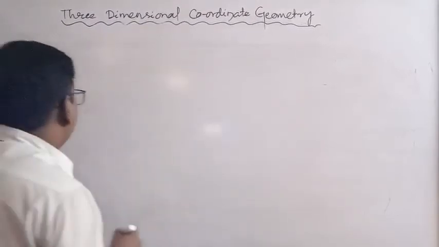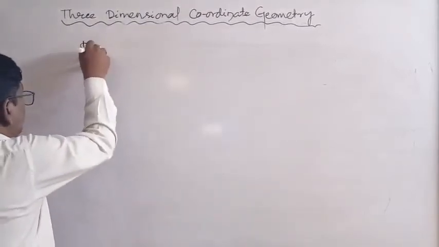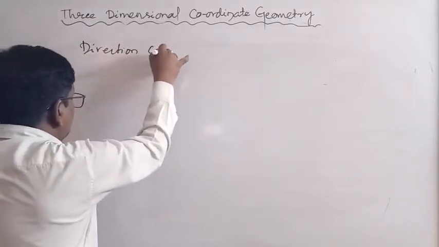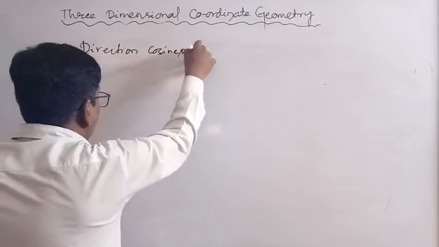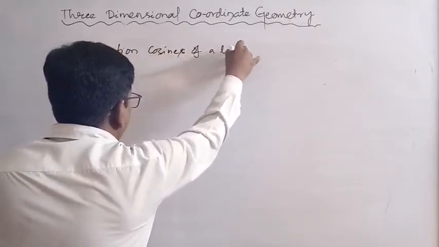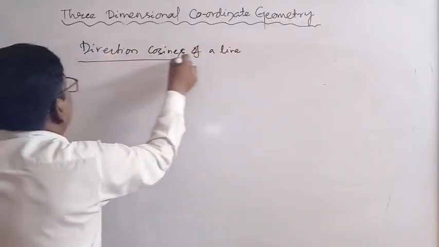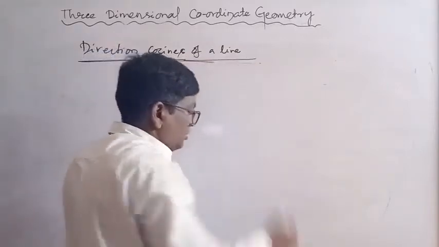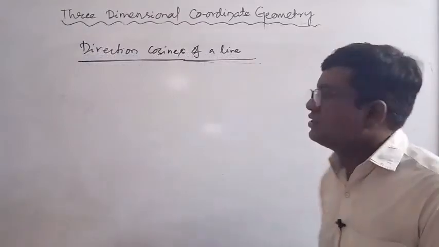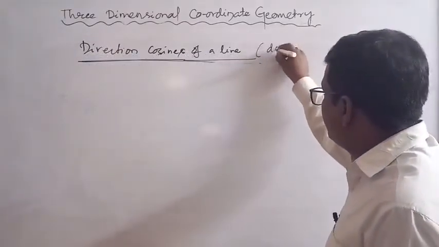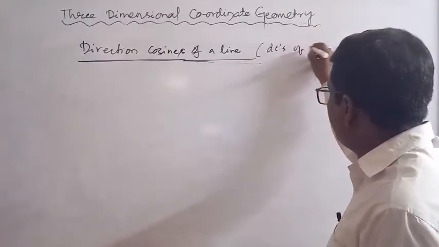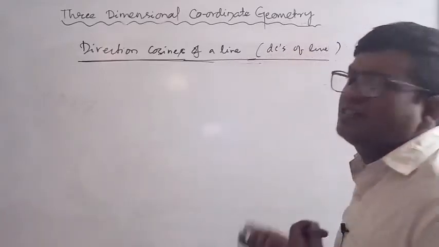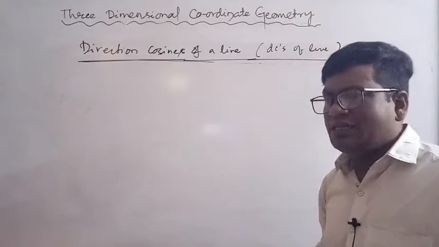Direction cosines of a line. Direction cosines of a line, in short, are also written as DCs, means direction cosines of a line. What are direction cosines?